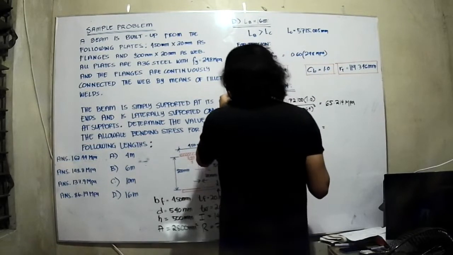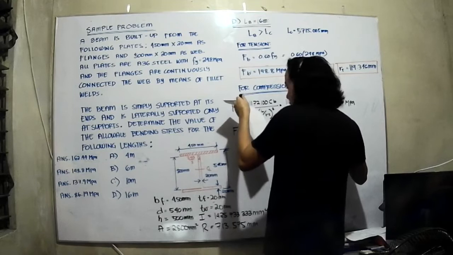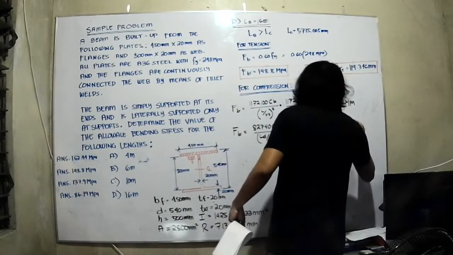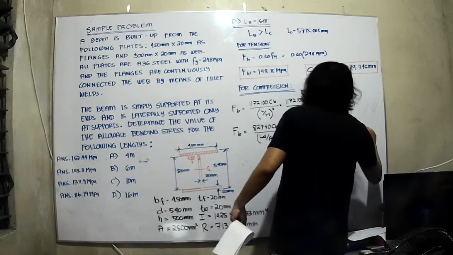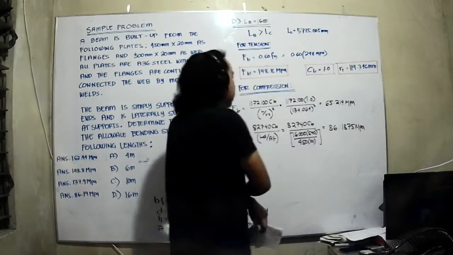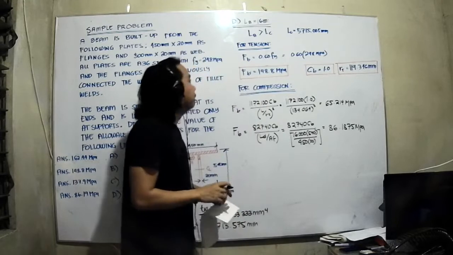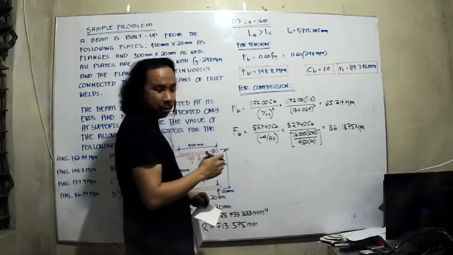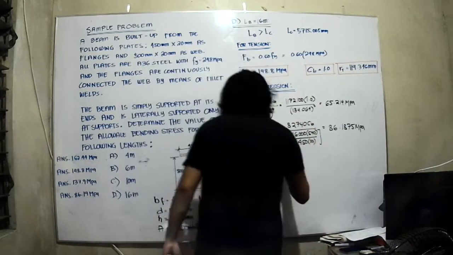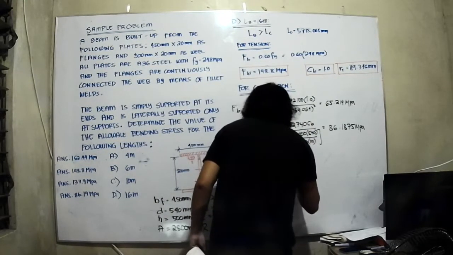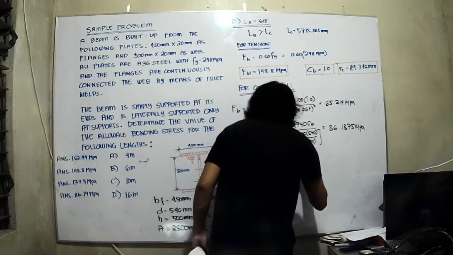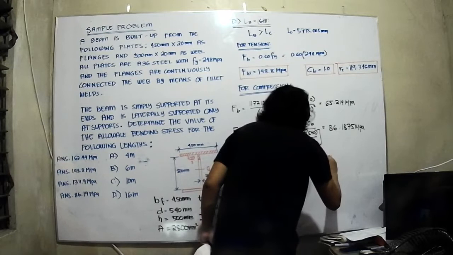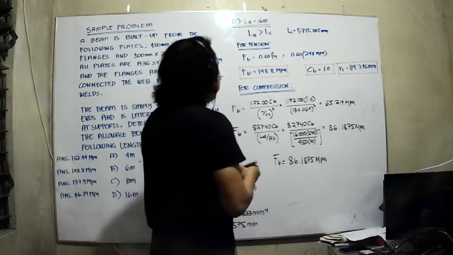And that should be equal to 86.1875 megapascals. So, we need to choose whichever is bigger. So this one. Okay? So FB is equal to 86.1875 MPa. We chose this.